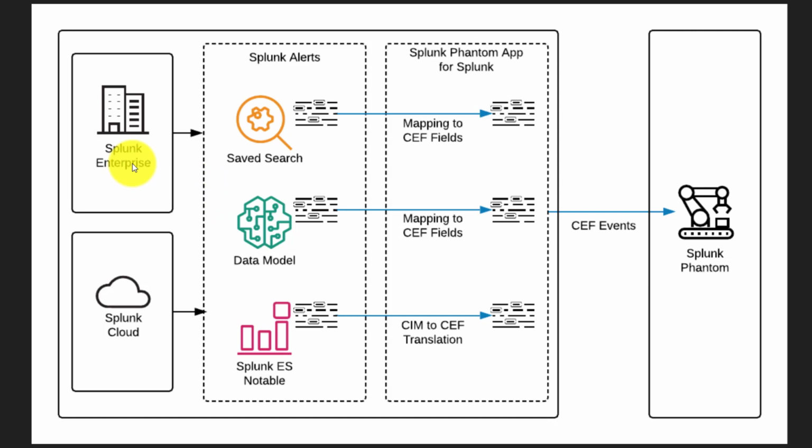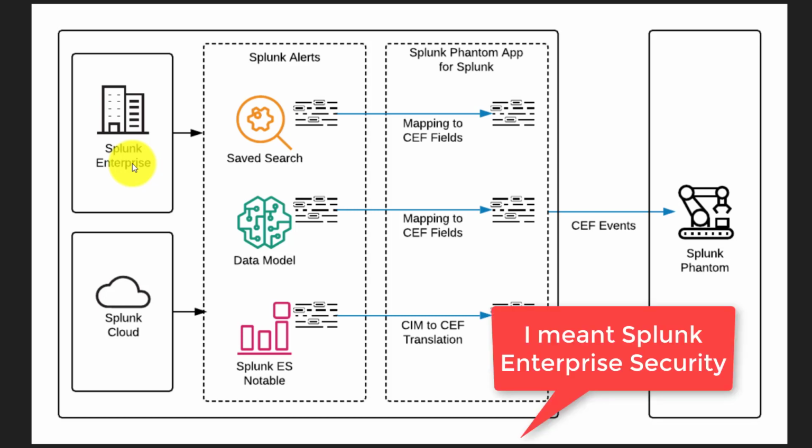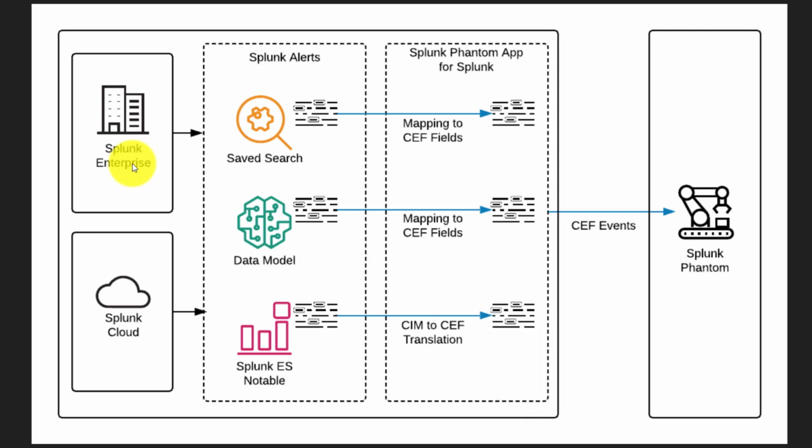If you have Enterprise Security and ITSI, it will be much easier to analyze those events. While doing the data ingestion and analysis, wherever applicable, I will point out how this works for Enterprise Security or ITSI.